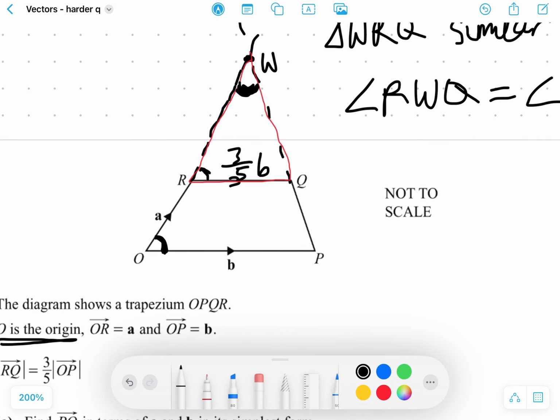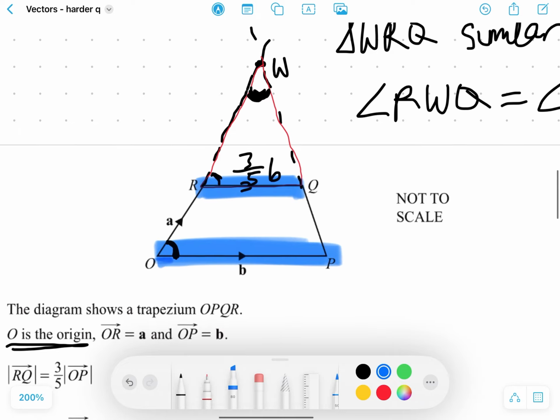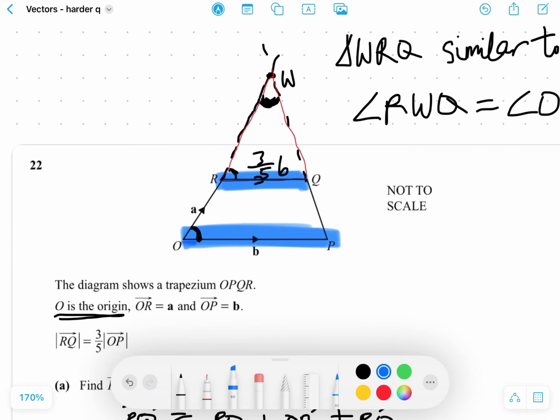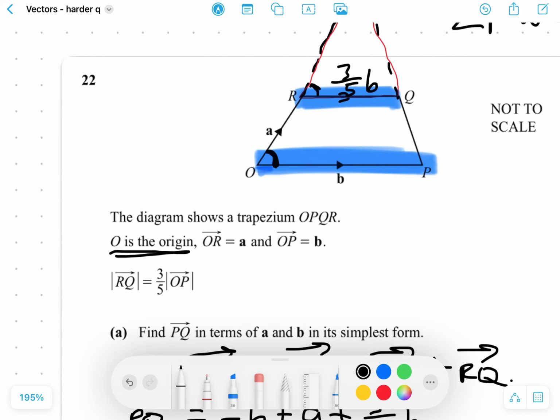So QR is parallel to OP because it's a trapezium, and also because they've given us this piece of information, which shows us that R to Q is 3 over 5b, and since they both have a vector of b multiplied by a scalar, they both are parallel.